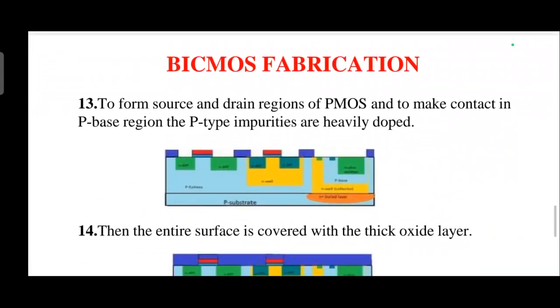So now we are going to fabricate the P-type device inside the N-well, that means the PMOS transistor. Here once more the substrate is heated to higher temperatures, and then P-type impurities are slowly introduced inside the N-well. The source and drain terminals for the PMOS transistor are created with the help of P-type impurities.